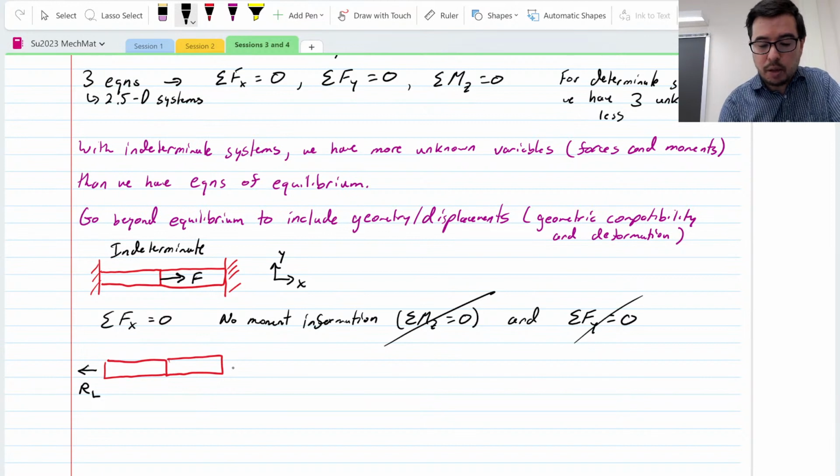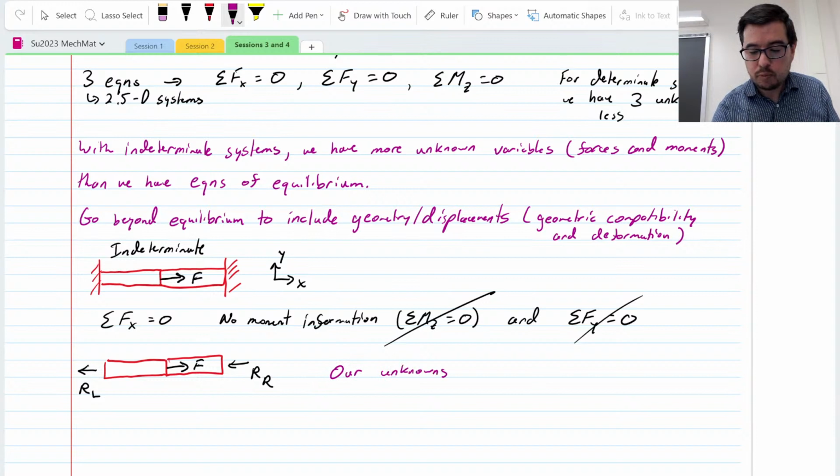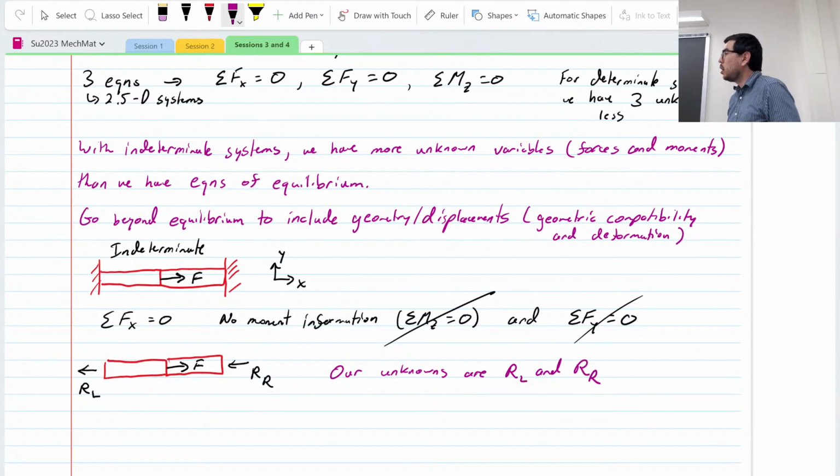And also we have an RR on that side, and of course we have the force here. So we have two unknowns, and we only have one equation of equilibrium.